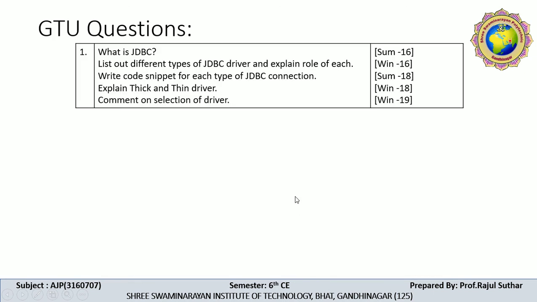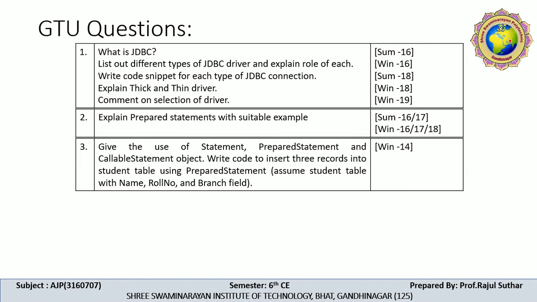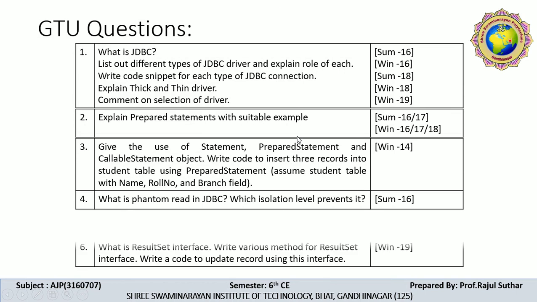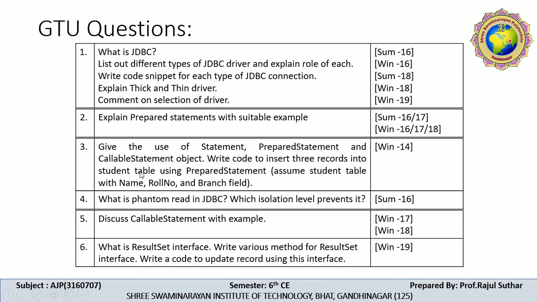Here, various questions are asked related to this chapter, like: JDBC program questions that cover what is JDBC, its definition; list out the different types of JDBC drivers and explain the role of each; write a code snippet for a JDBC connection; thick and thin driver; explain the PreparedStatement, a 7 marks question; give the use of Statement, PreparedStatement and CallableStatement; what is the phantom read in JDBC and isolation levels, this type of question was asked in Summer 16.